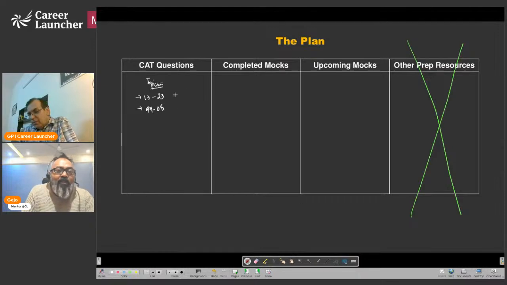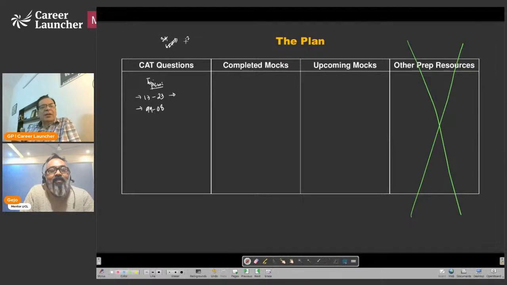So if I look at this, GP, 17 to 23, how many questions are we talking? We had 34 questions in a slot. 17, 18, 19 were 2 slots, morning and afternoon, and 3 years, so 6 papers.